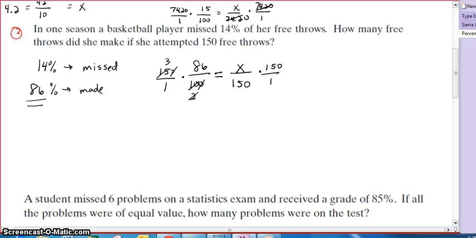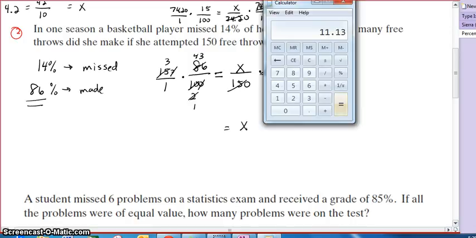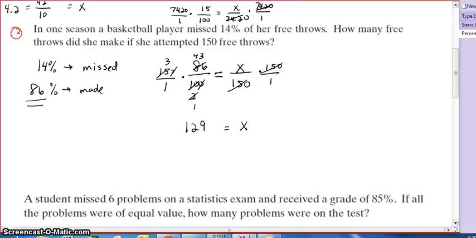I know that I can reduce the 2 and the 86. So now I'm left with 43 multiplied by 3. 43 times 3. 129. So 129 free throws made.